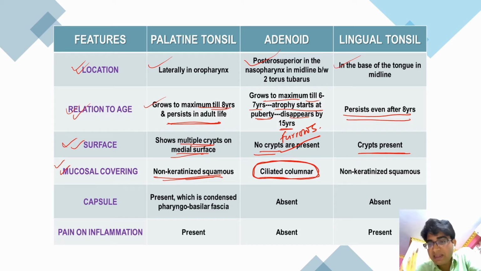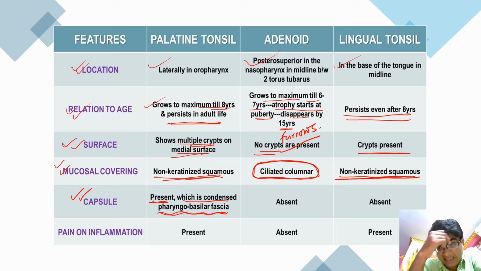Although they may have three types of covering epithelium, including ciliated columnar, stratified squamous, and transitional, most commonly it is ciliated columnar. Lingual tonsil has non-keratinized squamous epithelium again. Coming to capsule, palatine tonsil has one, which is the condensed pharyngobasilar fascia, whereas adenoids and lingual tonsils are absent of it. They have no capsule over them.